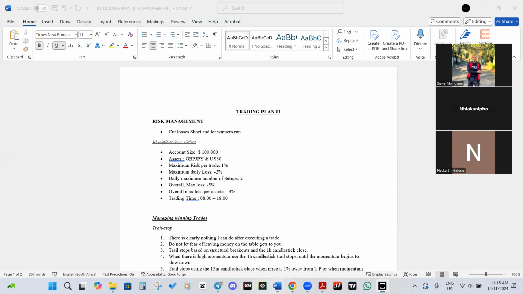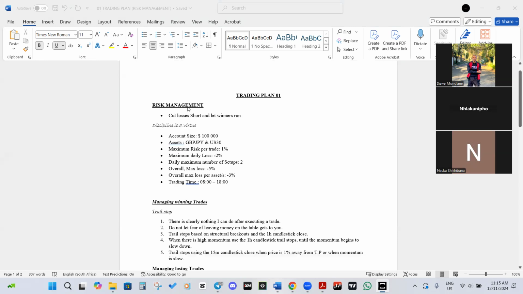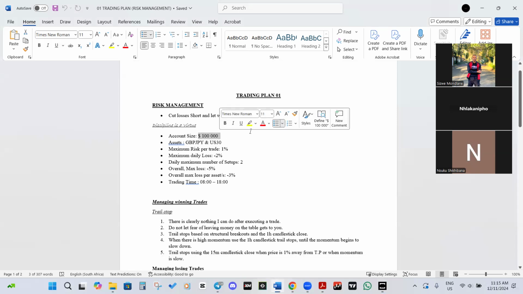That involves risk management. But then you have to know your account size. This is just an example from one of mine. Starting here with account size, you have to determine the type of account size you'll be trading, just like you said on your side. You said you'll be trading with FTMO. What account size is it, the one which you preferred?